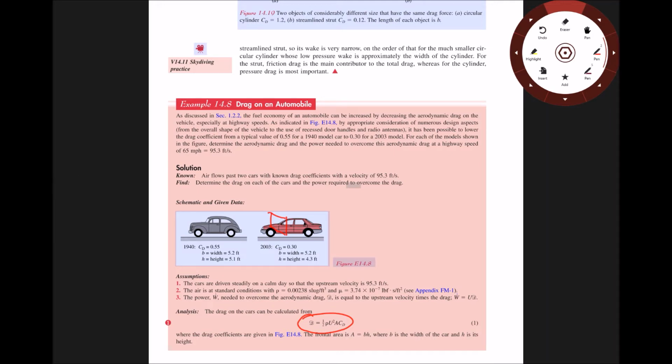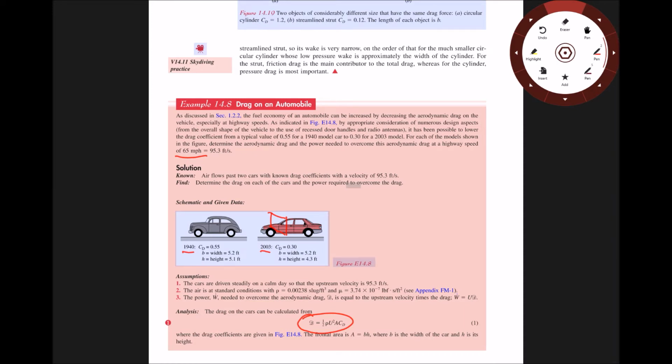In this problem you want to calculate the drag force. Let's say we want to know the power, so to know the power we need to know the drag force for a car that's running at 65 miles per hour, between a model of the 40s and a model of the 2000s.